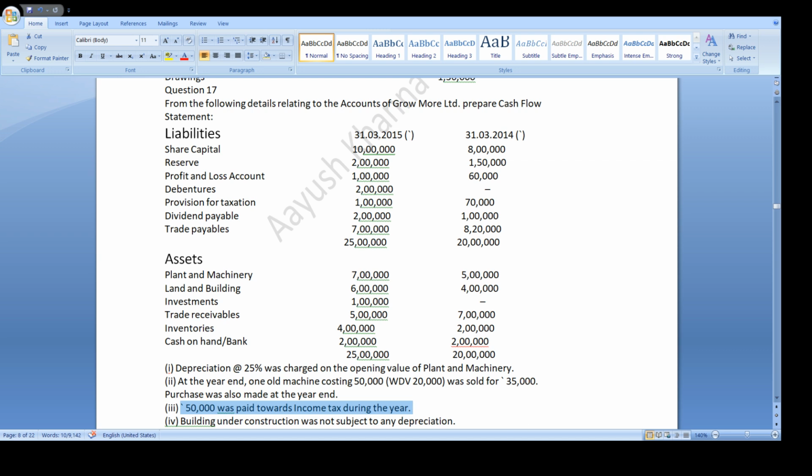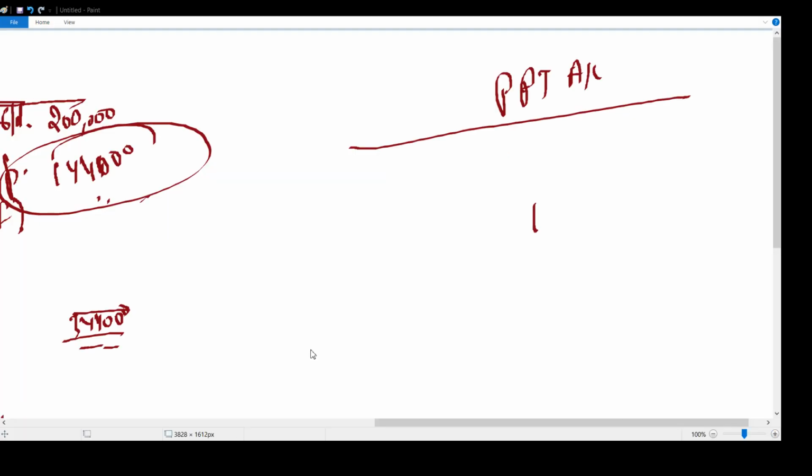That means we'll make an account here, provision for taxation account. By balance brought down, how much was the balance? 70,000, and 1 lakh, and 50,000 was paid.